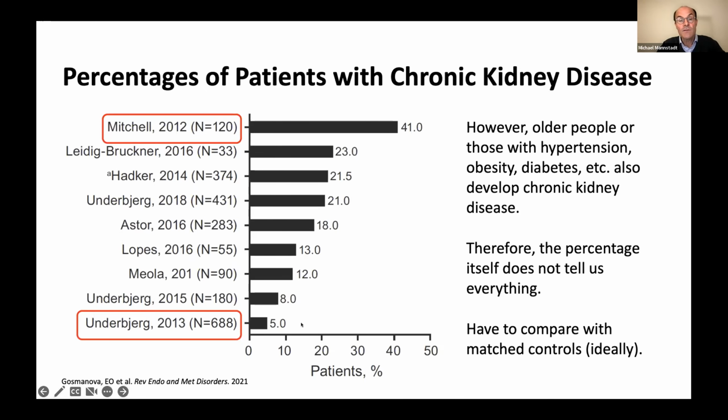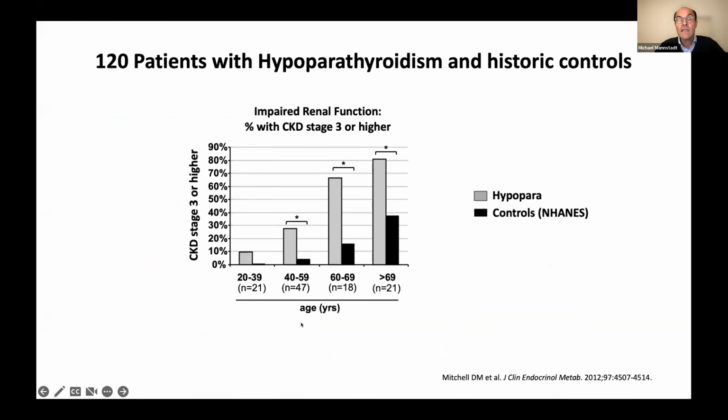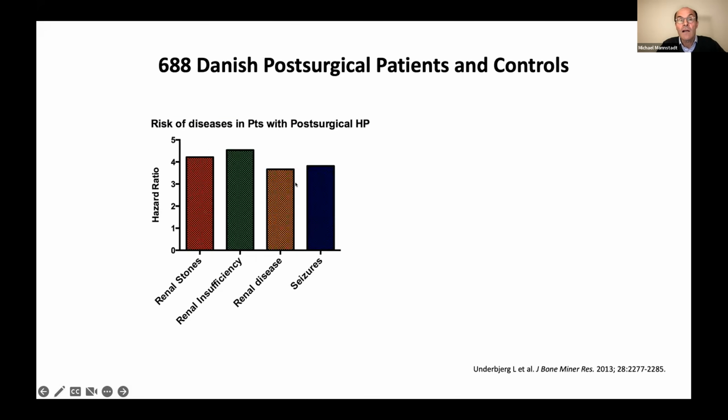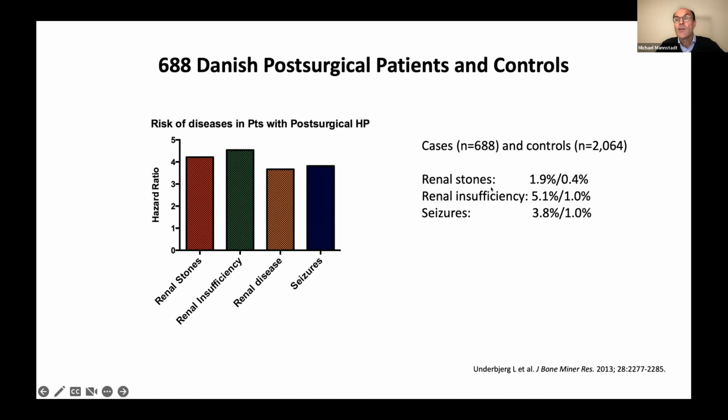So now let's go to the next study. This is the large Danish nationwide study with 688 patients and more than 2,000 controls. And so you see here, first of all, a hazard ratio. That means kind of more or less the risk compared to controls, which is about 4-fold higher for kidney stones and other things. But the paper nicely actually showed the actual percentages.